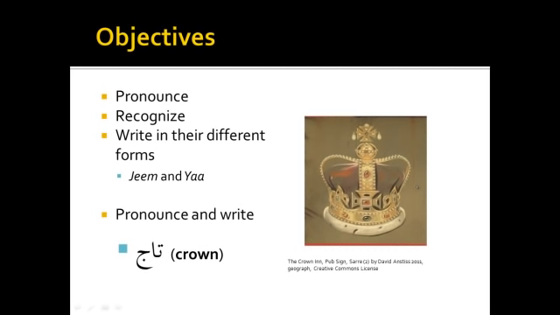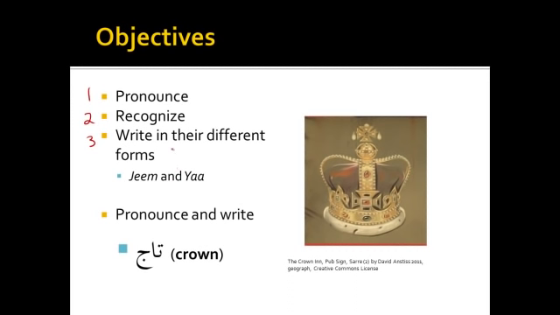We have four main objectives in this lesson. The first of our objectives is to pronounce the Jeem and the Ya effectively. We're also going to learn how to recognize the Jeem and the Ya in all of its different forms. After that, we're going to write these different forms for both letters.